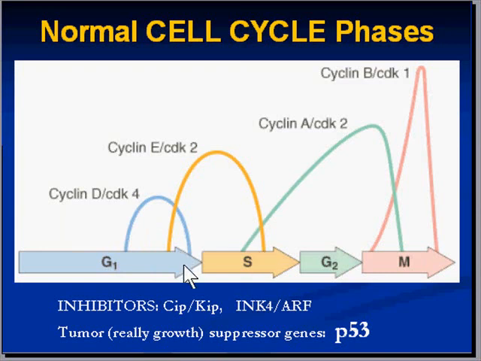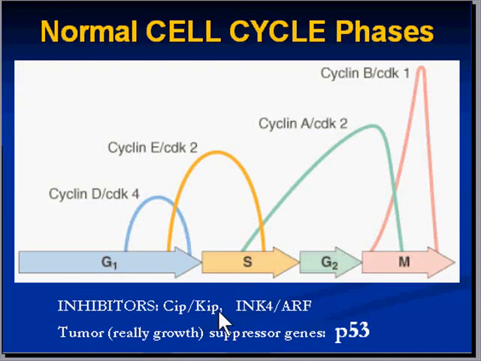Now, a discussion of cancer would not be appropriate unless you realize that there are inhibitory genes and processes and proteins to these cyclins and cyclin-dependent kinases. For example, there's an inhibitor called KIP or CIP if you're talking about a cyclin or a kinase inhibitory factor respectively.